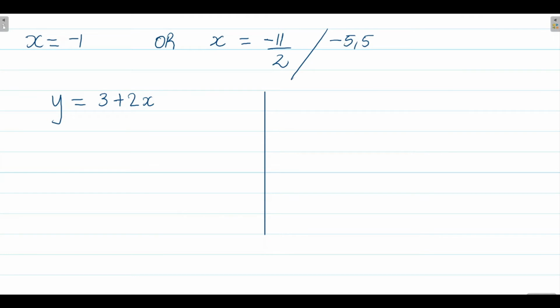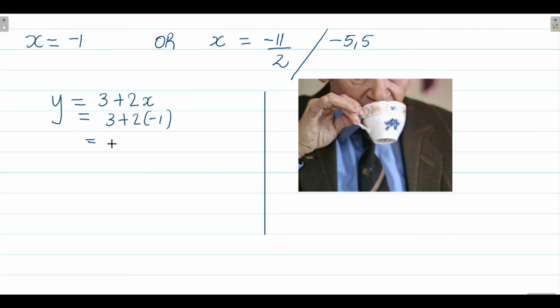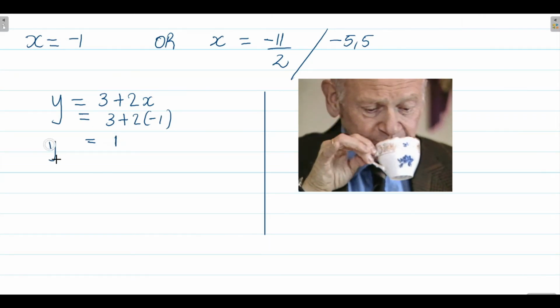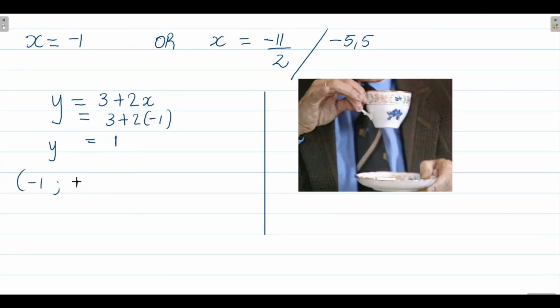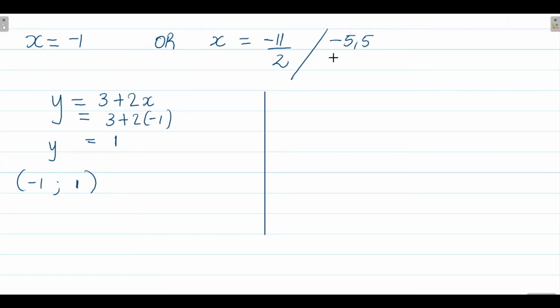We're going to start off with x equal to negative 1. y is equal to 3 plus 2 times negative 1. If you punch that into your calculator, or you can use your head, you'll find that your y is equal to 1. So when your x is equal to negative 1, your y is equal to 1. Let's go on to the other point. y is equal to 3 plus 2x.